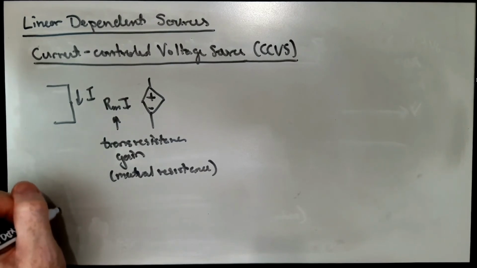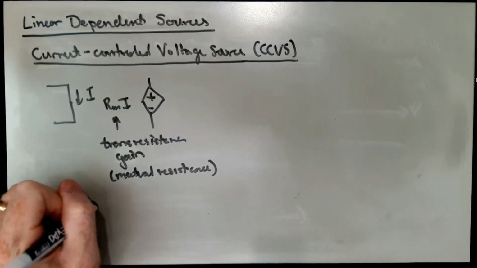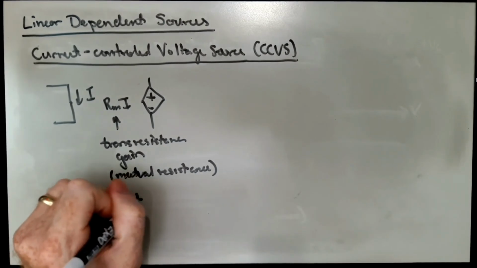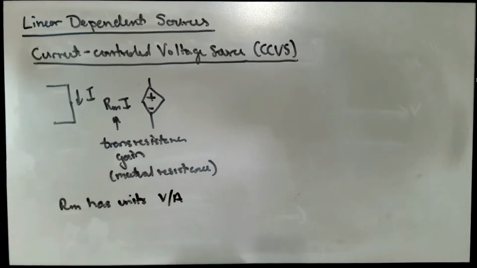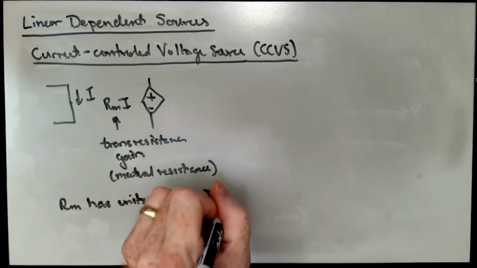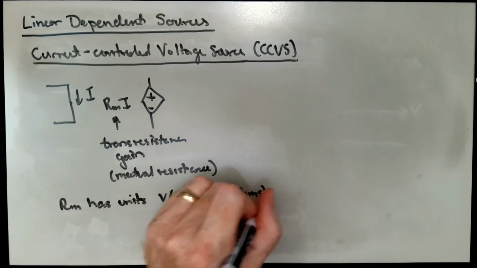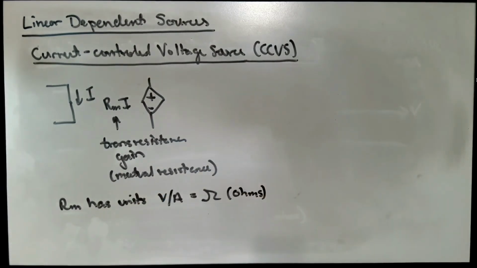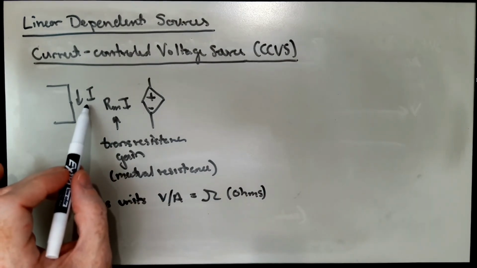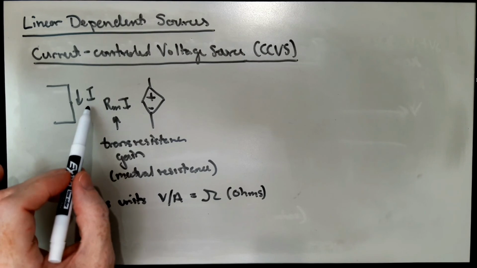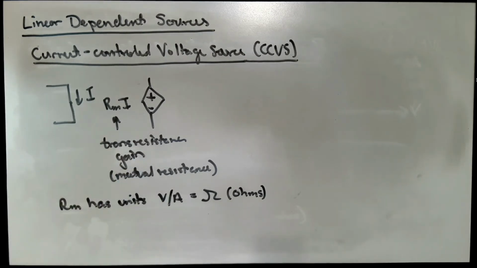And R_m has units of so many volts per amp, which is just ohms. Okay, so we have to cancel the amps that we have in the dependent variable and produce a voltage at the output. And so R_m will have units of resistance.